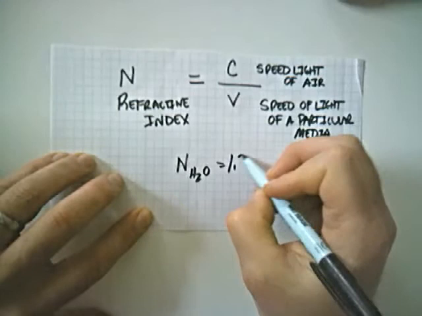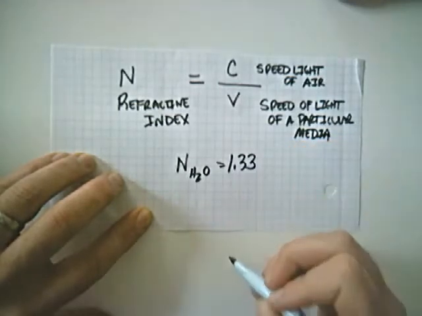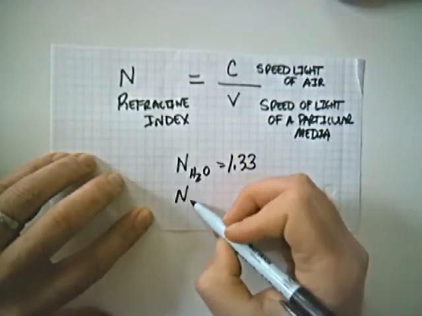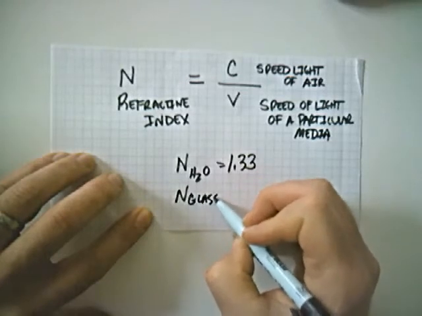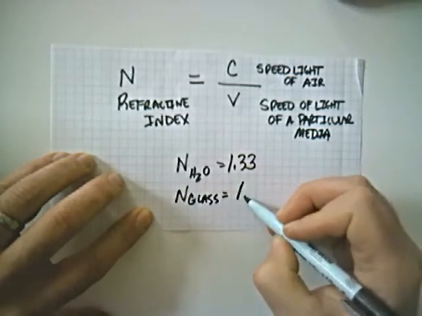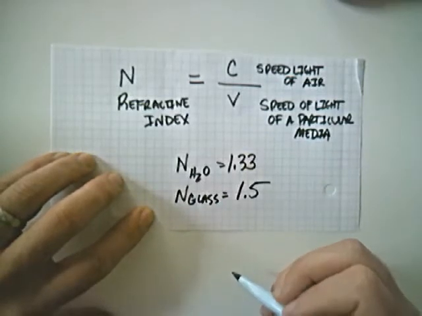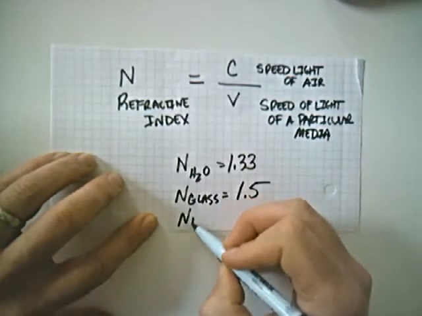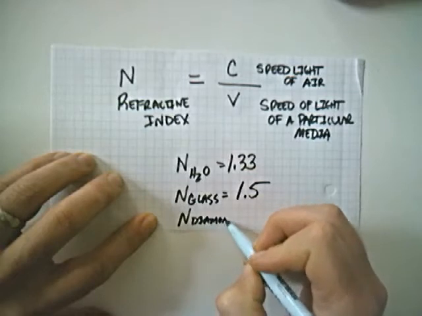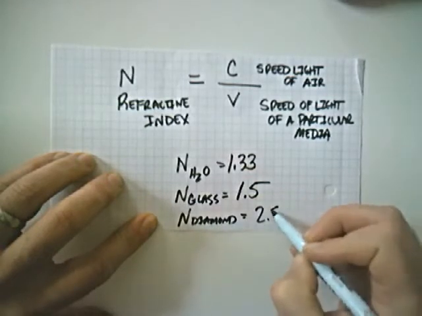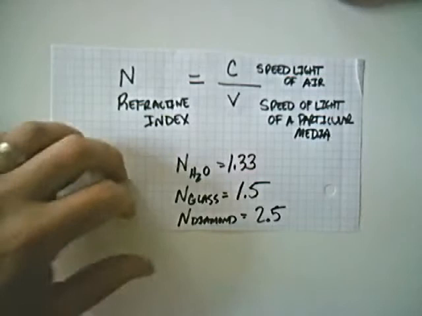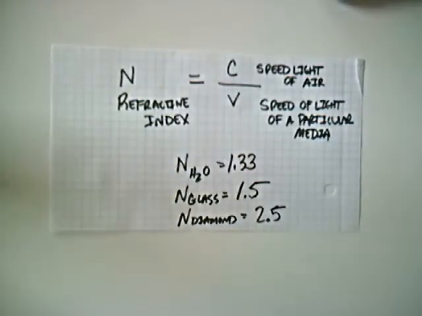And so we find the N value of water, if you look it up, to be 1.33. Also glass. There are different kinds of glasses which have slightly different N values, but for now, we'll just say glass. And even something like diamond. Diamond has a really high N value of like 2.5. So we'll use those three things as our examples here when we're trying to understand why light bends.